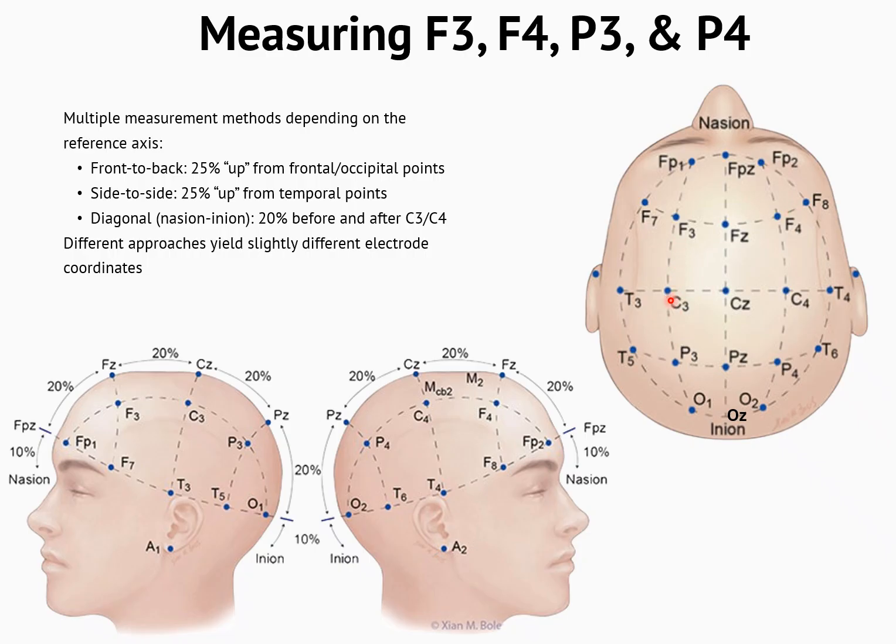So from here to here, it's going to be 20% of our total nasion-to-inion length, and then P3 and P4 are 20% behind them. It's important to note that each method will give slightly different nominal coordinates, but all preserve the same proportional spacing defined by the 10-20 rule. So in our case of our 100 centimeter giant head, each 10% interval equals 10 centimeters.